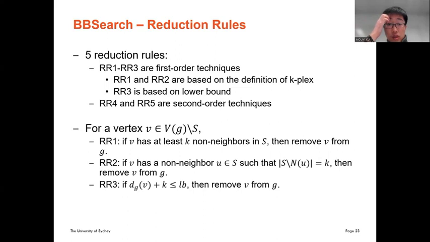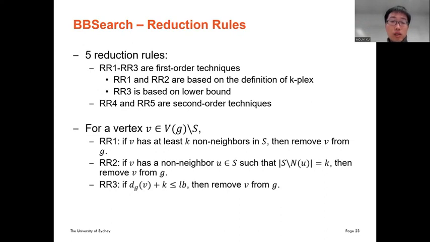Reduction rule 2 will remove a vertex V which has a non-neighbor U in S, where U already has k non-neighbors in S. Adding V inside S would make U go against the definition of k-plex.